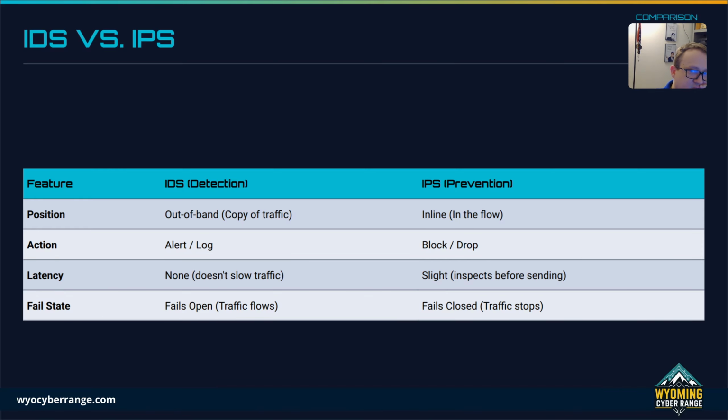The IDS itself is going to add zero latency. The IPS is going to add a slight latency because it must inspect all the packets before it lets them pass. Now, if an IDS crashes, traffic will still flow, so it fails open. But if an IPS crashes, traffic will stop. It fails closed.